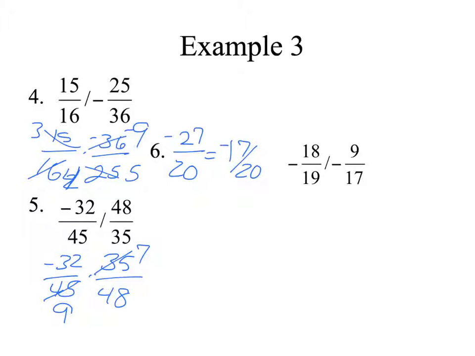Let's see, 32 by 8. 32 divided by 8, that'll give me 4. 48 divided by 8, that gives me 6.